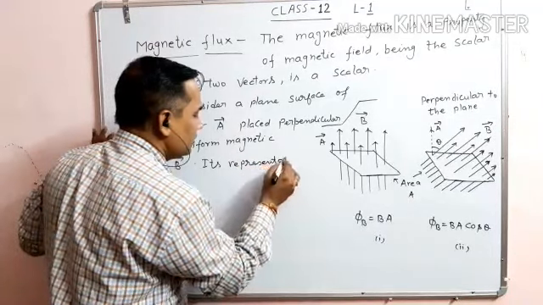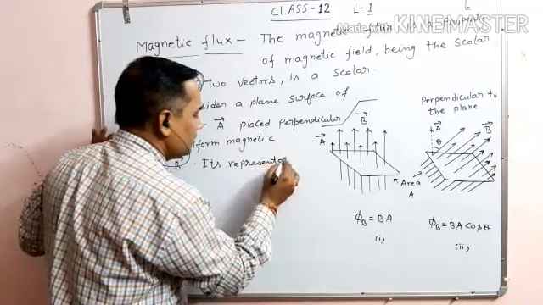So phi b is equal to B dot A. As the same definition, the product of magnetic field and surface area is known as the magnetic flux. So phi b is equal to B dot A.